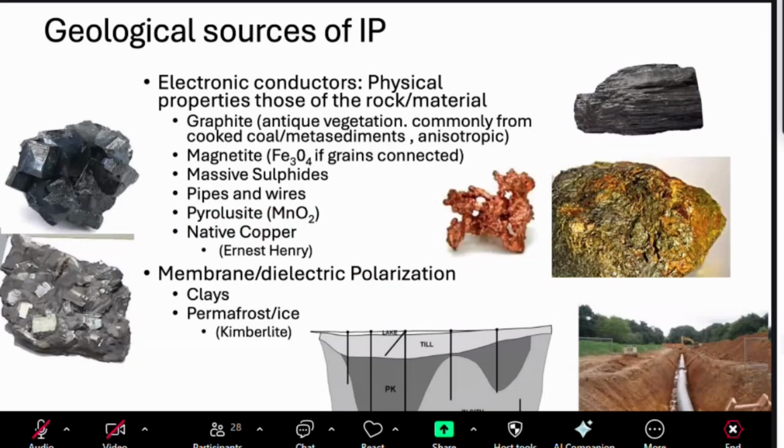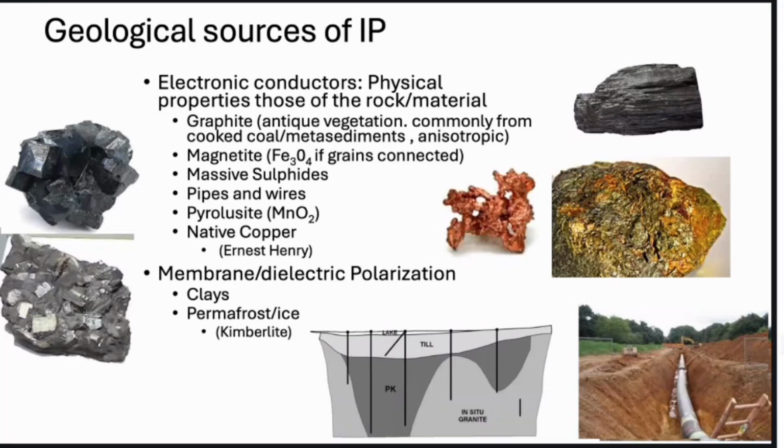So there's many geological sources of induced polarization. Top right, there's graphite, that's an electronic conductor. Magnetite on the left, which is an electronic conductor if the grains are connected, which typically happens in mobile belts and not many other cases. Massive sulfides, like the bornite shown on the right, in the middle, are conductors as well.